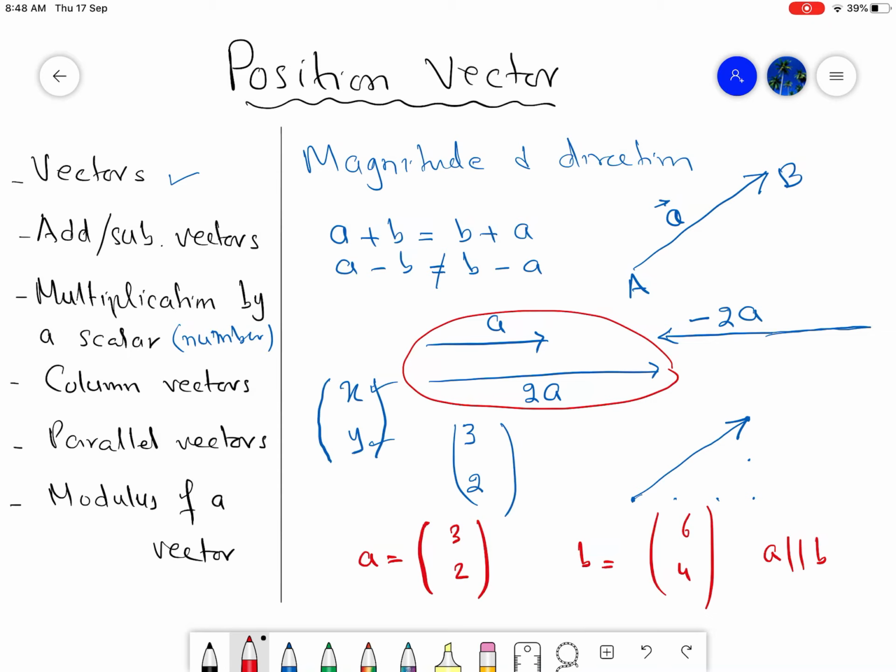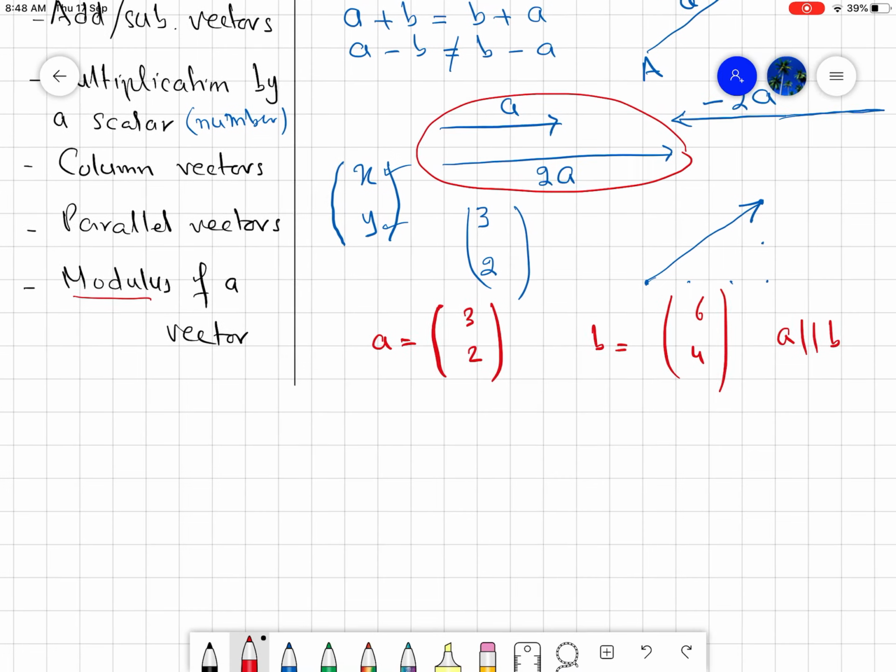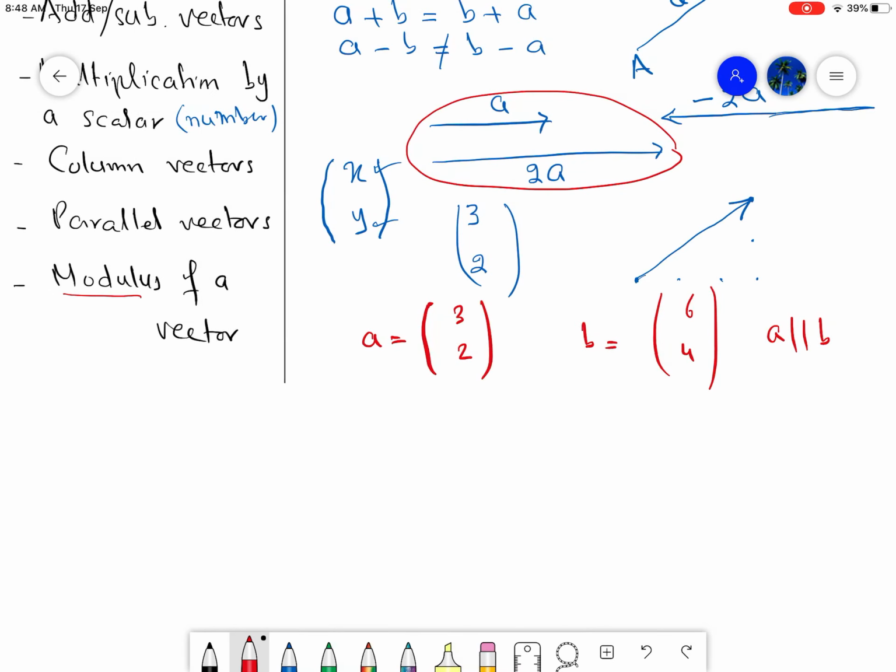The last thing which we discussed in the previous session was the modulus of a vector. Modulus basically gives you the magnitude or the length of a vector. Because length is always positive, we use modulus. Modulus gives you a positive value at the end.